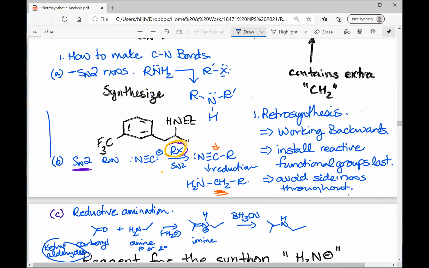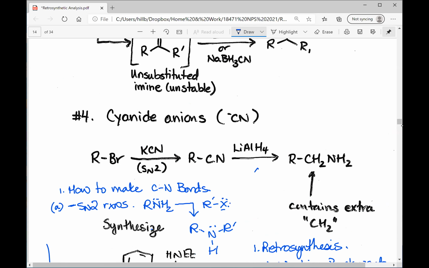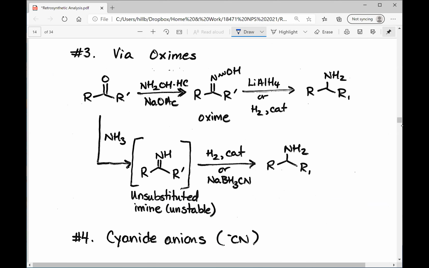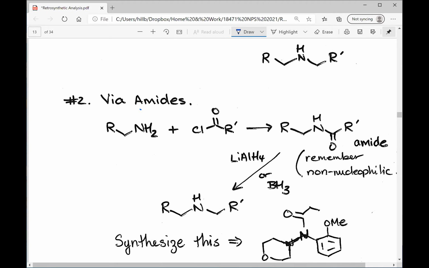Where will I write it? Oh, the cyanide one is right there. The other way is the oximes, which is very similar to the imine. The fourth way is what we did here, which is the reduction of an amide.